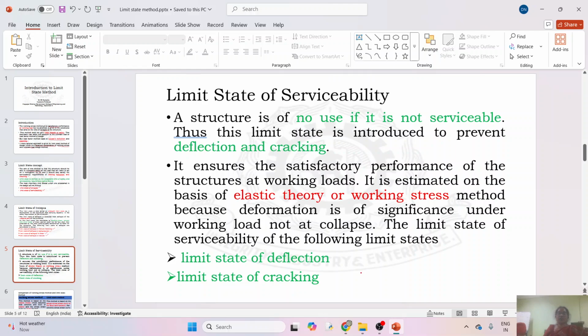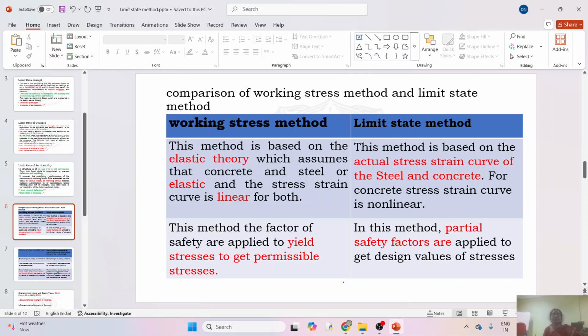It ensures the satisfactory performance of the structures at working loads. It is estimated on the basis of elastic theory or working stress method because the deformation is significant under the working load conditions, not at the collapse. So the limit state of serviceability is limit state of deflection and limit state of cracking.